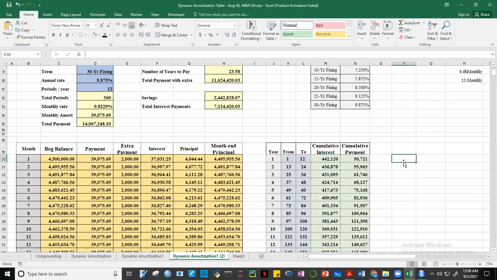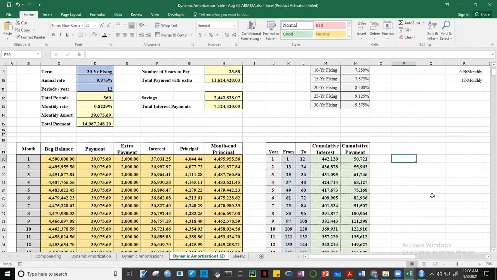So there's a function in Excel called cumulative interest. Cumulative IPMT, cumulative interest payment. Okay, so the parameters that are needed is the rate, the NPER, number of periods, the present value, the start period, and the end period. Yun ang kailangan natin dito.